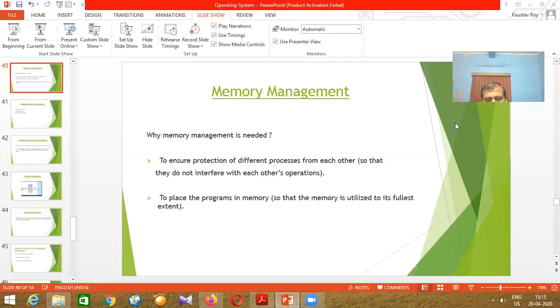Now, because memory is also one type of resource, we should try to use that resource in the most efficient manner. There are several approaches, and each approach has its own advantages and disadvantages. So basically, the selection of a particular memory management scheme depends on several factors.